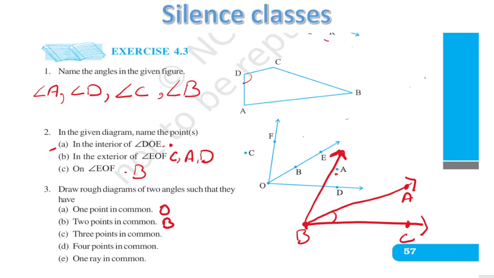Point B is common. If I take two angles, like angle DBA, B is common.